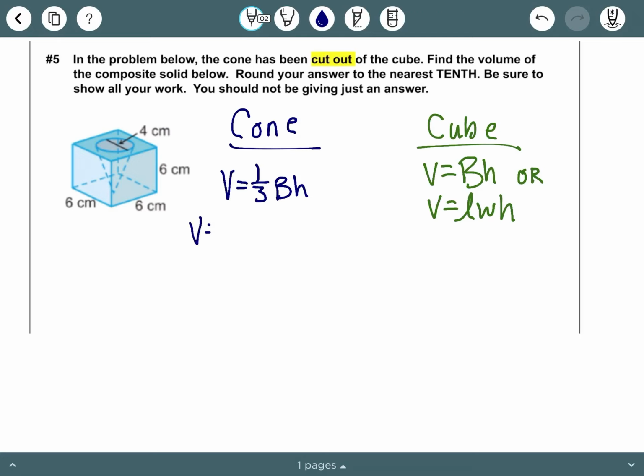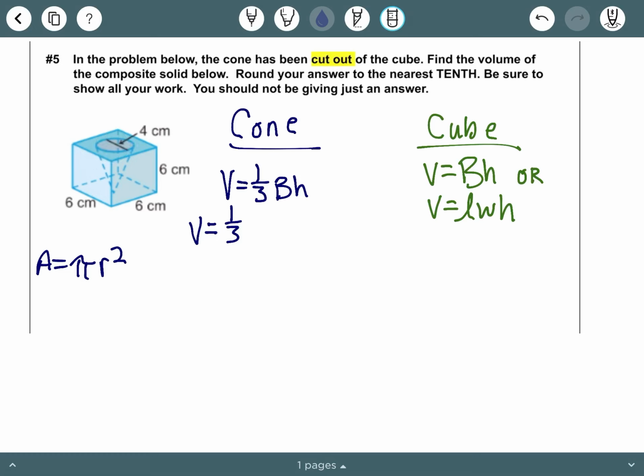The cone volume is going to be 1/3 the area of the base, that's big B. And our base of a cone is a circle, so a circular base. So the area of a circle is pi times the radius squared.